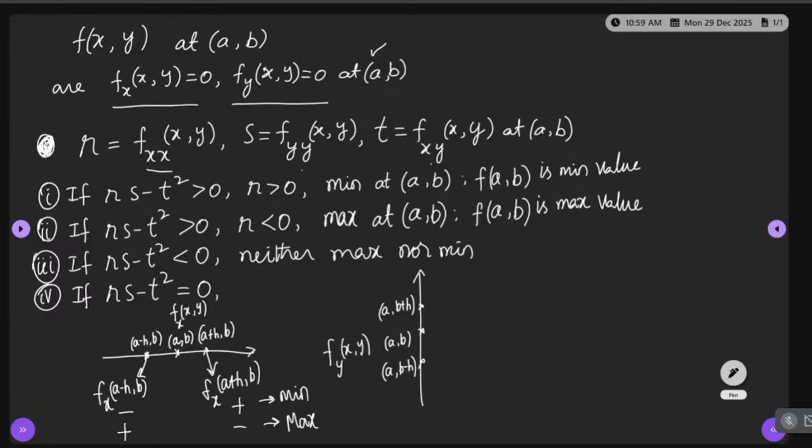Fy of A comma B plus H, and this one Fy of A comma B minus H. If it changes from negative to positive in the upward direction, then you are getting minima. Positive to negative, then you are getting maxima. No change of sign, neither maxima nor minima.